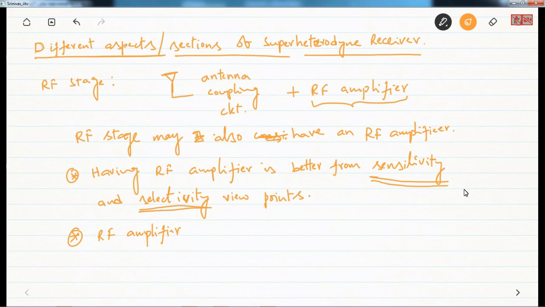Then we tune this coupling circuit to 660 kilohertz with a bandwidth of 10 kilohertz. It already filters, and that signal goes to the RF amplifier. The RF amplifier amplifies the signal, but at its output there is another tuned circuit, which once again ensures that the output signal is within the required bandwidth.